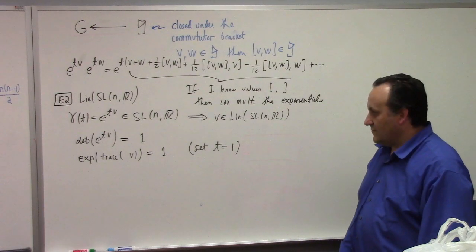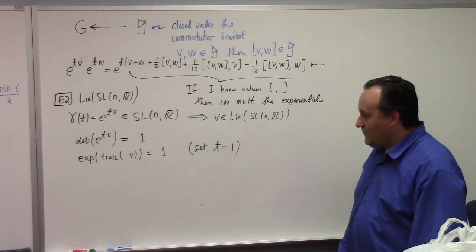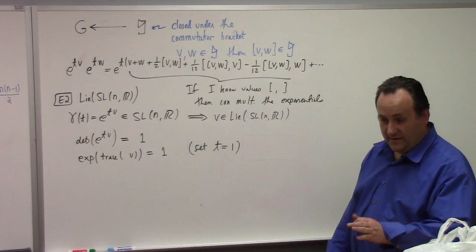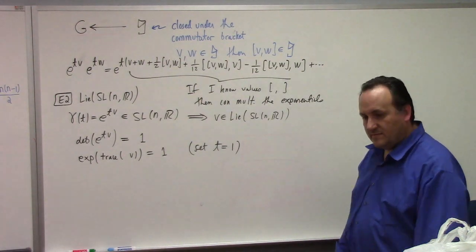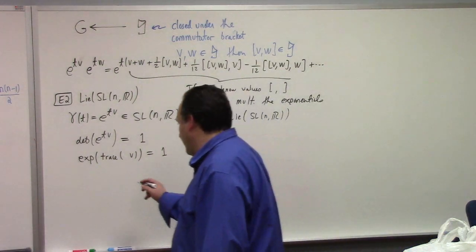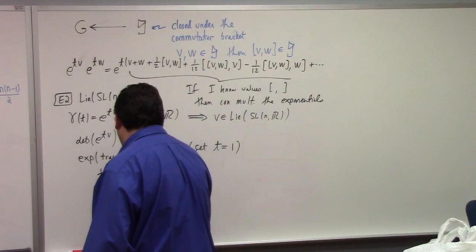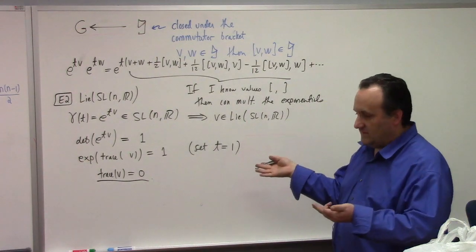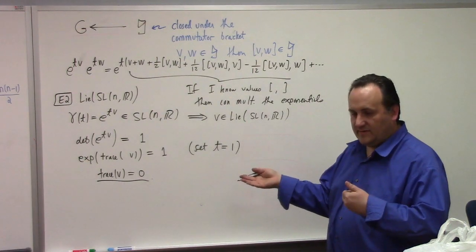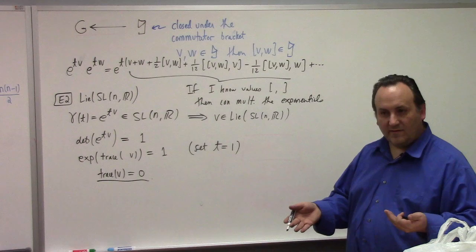Well, that is how to calculate the trace. True. But what does this say? What is the trace of v equal to? Yes, the trace of v must be equal to 0. That's the condition. That condition suffices to make the image of the exponential of t times v in the special linear group.